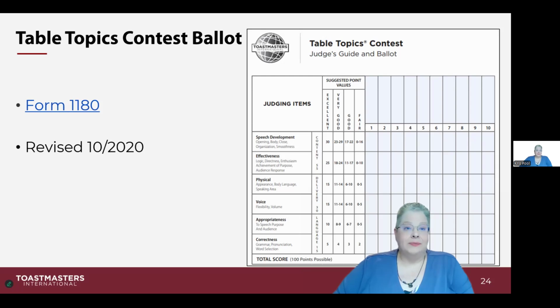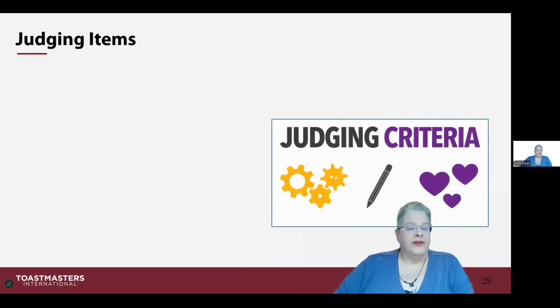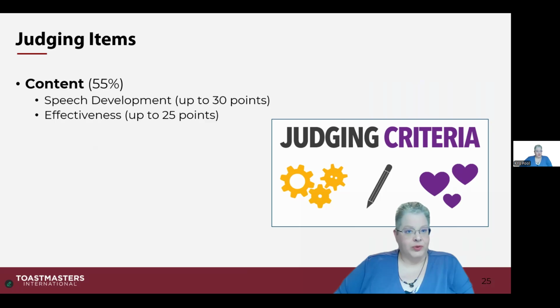The Table Topics ballot is item number 1180 and can also be downloaded from the Toastmasters International website. It has the same 3 category breakdowns, but the emphasis is different from what is on the International Speech Ballot. On the Table Topics ballot, content is now worth 55%, with speech development earning up to 30 points and effectiveness up to 25 points.